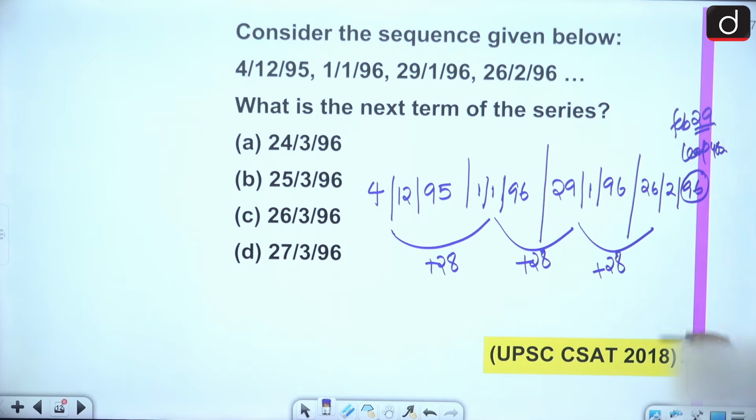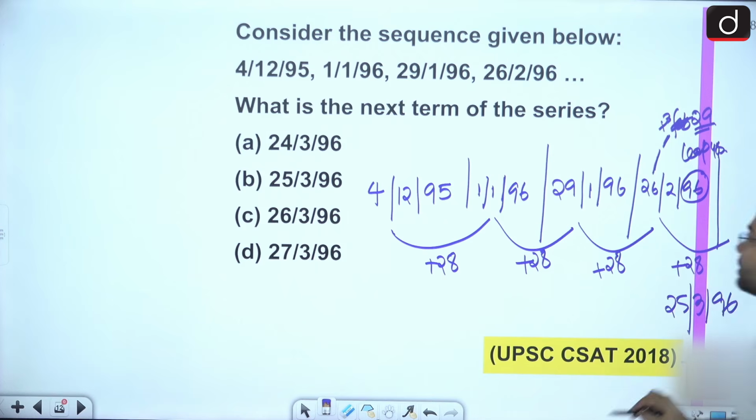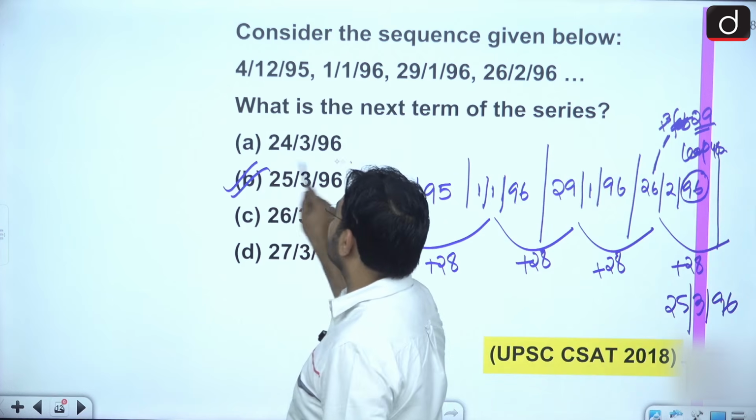Got this one? So now we need to add 28 to this. So you have 26 plus 3, so the remaining one is 25. So 25, 3, 96. So option B is the right answer.